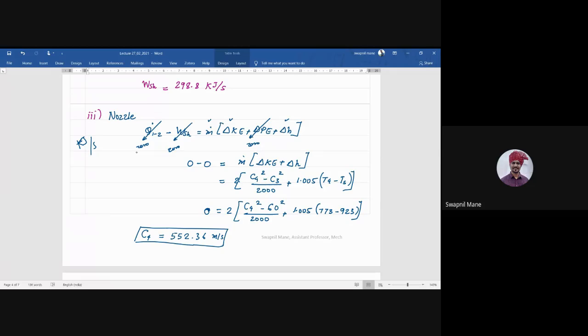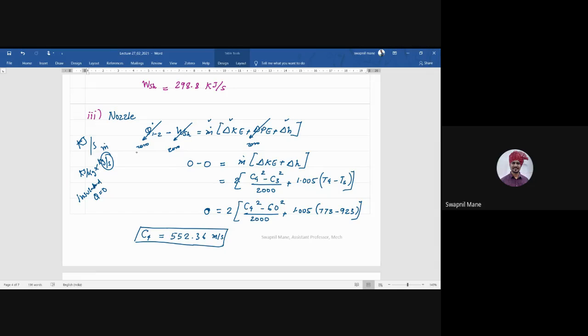When does kilojoule per second come? When kilojoule per kg is multiplied by kg per second. What is kg per second? Kg per second is m dot. So if the system is insulated, if the question says it is insulated, then our Q will be equal to 0.